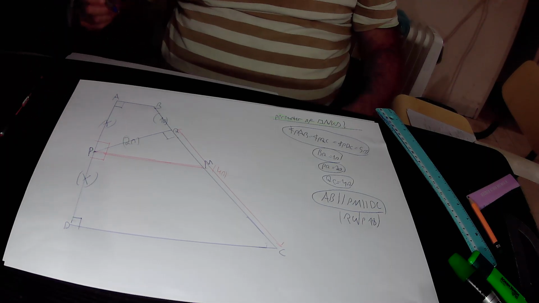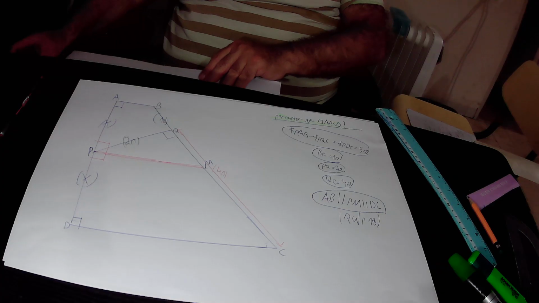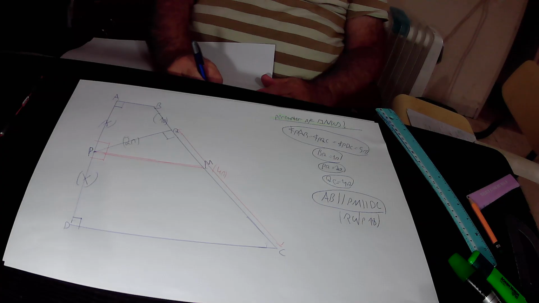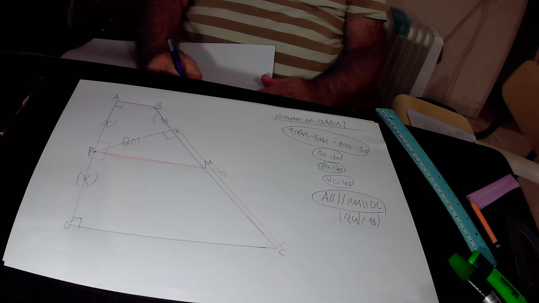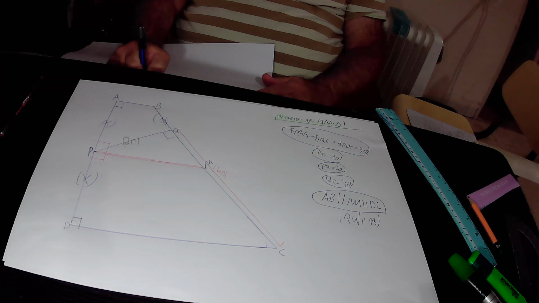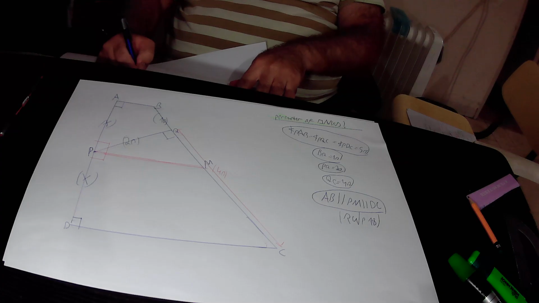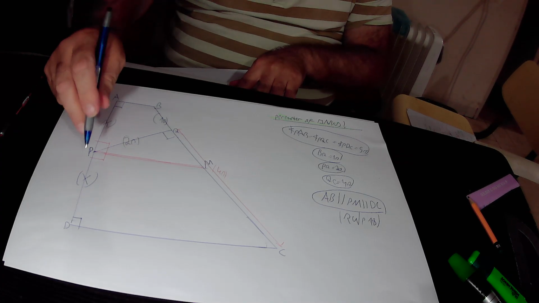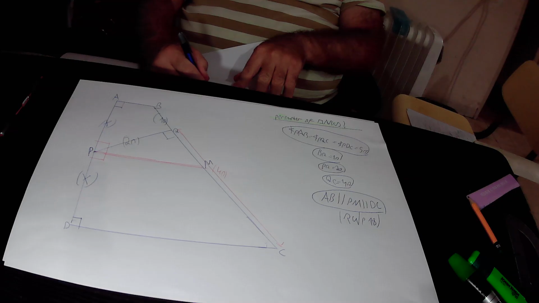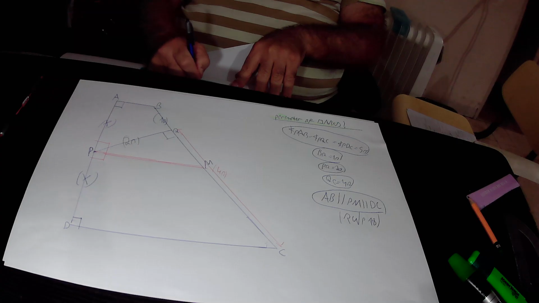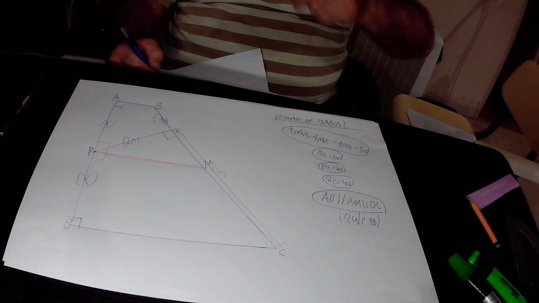So according to the basic proportionality theorem, the following equation is true: AP over PD is equal to BM over MC.